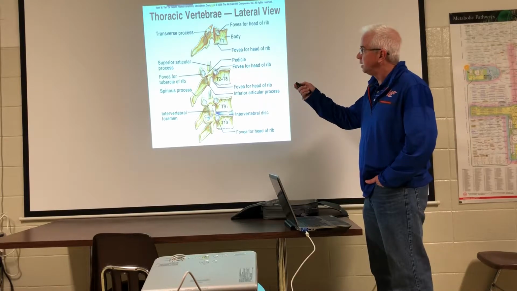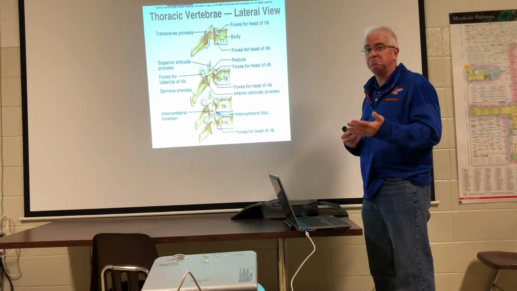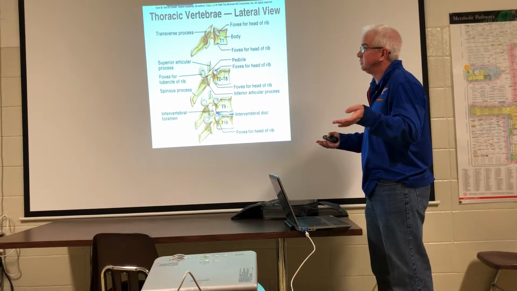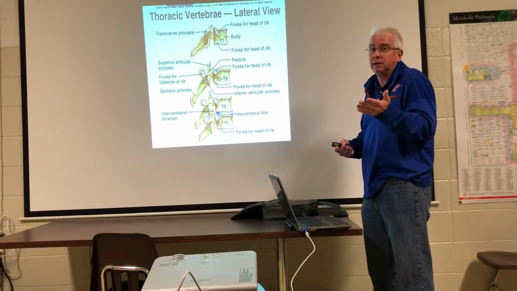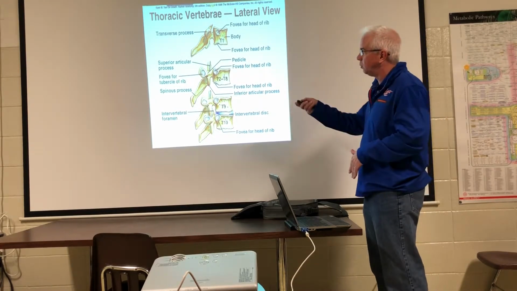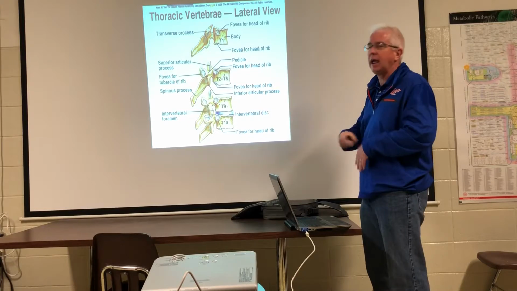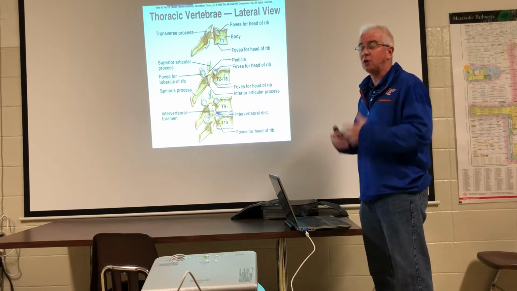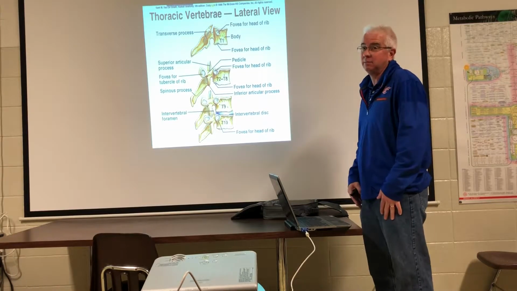This guy right here articulates with the bone above it. We saw the same thing in the cervical bones. They have superior and inferior facets as well. And they tend to articulate the same way, superior and inferior. And so all the way down the vertebral column, we call them superior and inferior articular processes, the facets of these processes. All the way down, they have the same names.